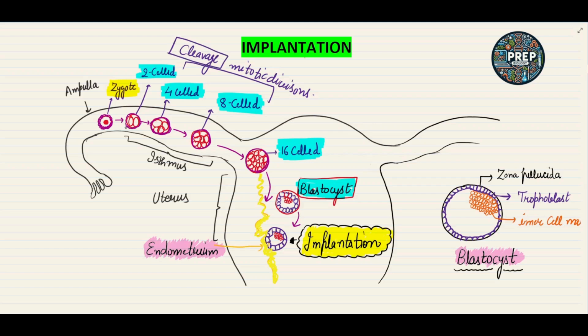When the zygote undergoes different mitotic divisions, that process is called cleavage. By the cleavage of cells, the first stage is called the two-celled stage. In the zygote, the cleavage or mitotic divisions occur, and first it will form the two-celled stage.